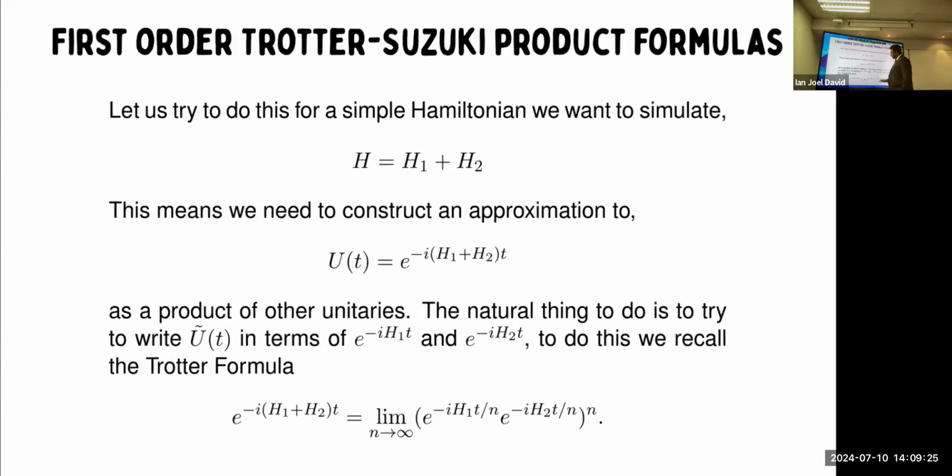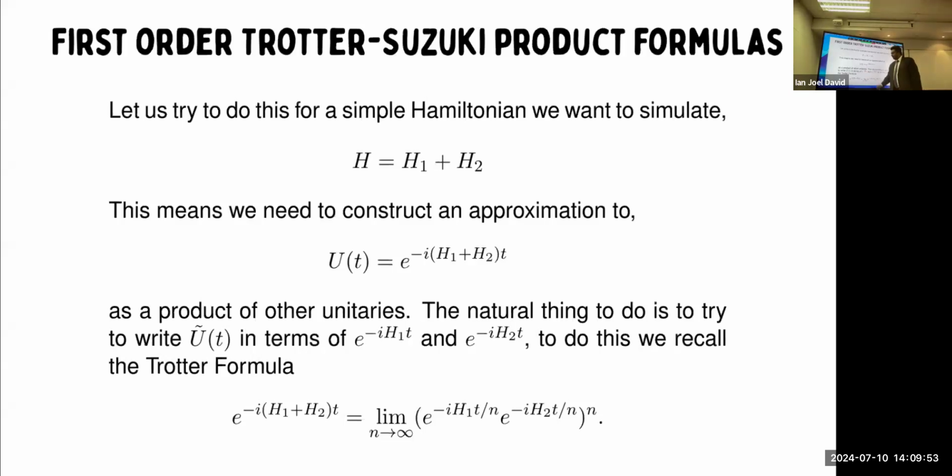So we know that this idea of exponential splitting is pretty complicated, but we can use it to our advantage to say, okay, we want to construct this U tilde of t as some product of these two individual unitaries. To do this, we start by recalling an exact splitting, an exact way to write this as a product of these two, which is called the Trotter formula, or the Lie-Trotter formula.